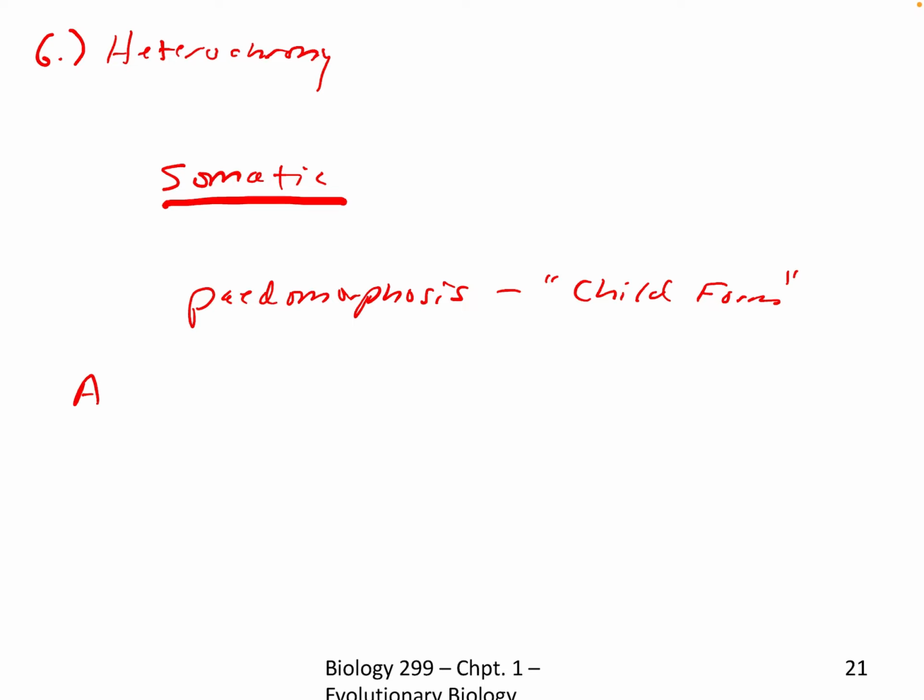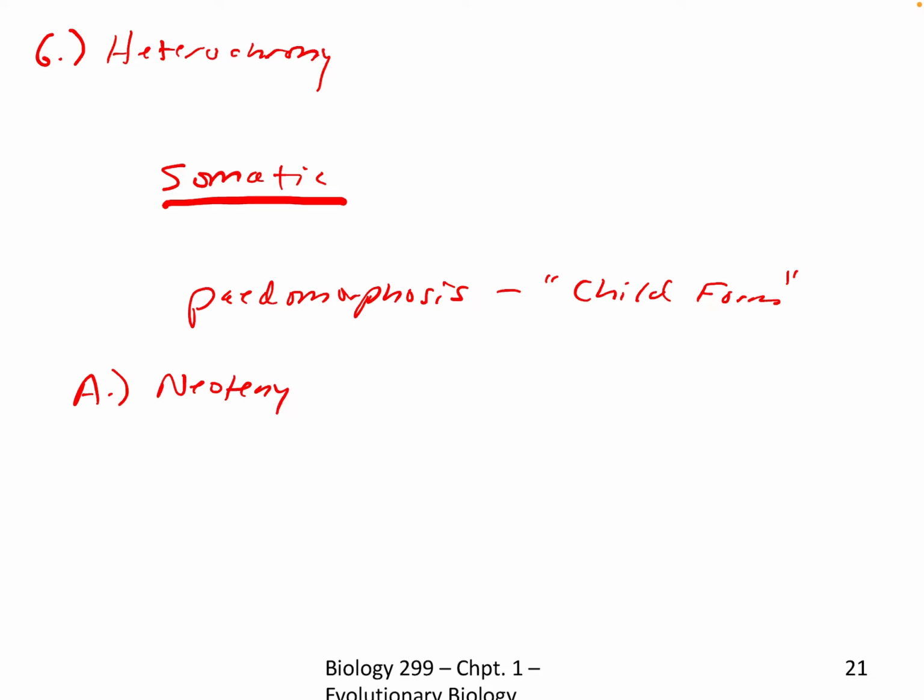There are 2 ways that this can happen. The first way is through what's called neoteny. In neoteny, you have a reduction in the growth rate of somatic characters relative to sexual characters. Sexual characters and somatic characters typically develop at specific rates, but in neoteny, the development of somatic characters slows down, whereas sexual characters continue on at their normal pace.